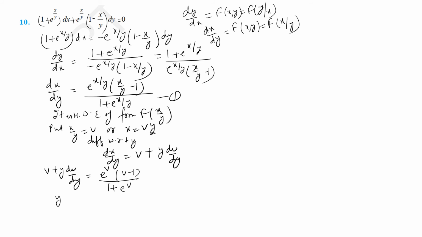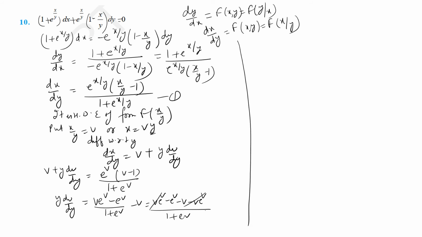So y dv upon dy, the whole equation is changed to the form of y and v now. So it is v e^v minus e^v upon 1 plus e^v minus v. So this becomes v e^v minus e^v minus v minus v e^v. So let us take the negative sign common here: y dv upon dy equals minus (v plus e^v) upon (1 plus e^v).